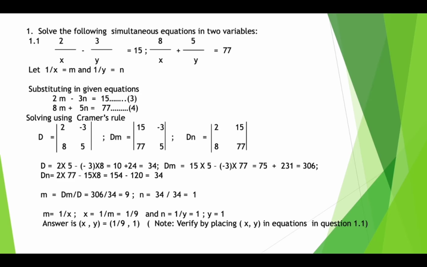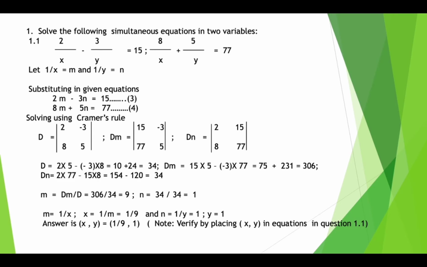That is, let 1 by x is equal to m and let 1 by y is equal to n. So replace 1 by x in the equation with m, 1 by y with n. So substitute these in equations.